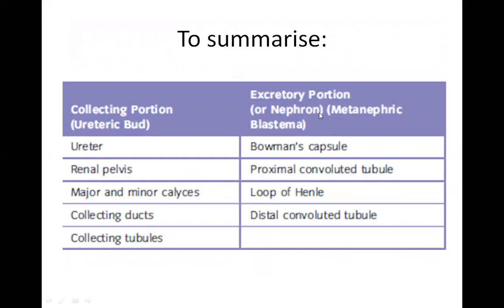The excretory portion is derived from the metanephric blastema, which contributes to the formation of Bowman's capsule, proximal convoluted tubule, the loop of Henle and the distal convoluted tubule, whereas the collecting portion of the kidney is contributed by the ureteric bud, whose caudal portion will form the ureter, and the cranial portion will form the renal pelvis, the major and the minor calyces, the collecting ducts, and the collecting tubules.